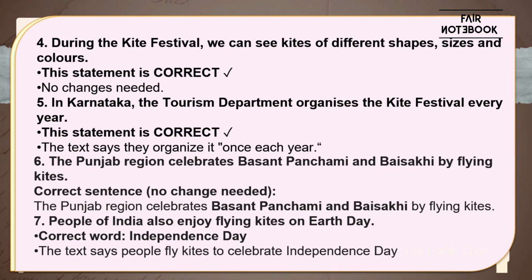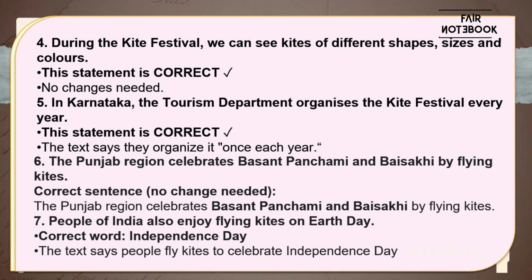4. During the kite festival, we can see kites of different shapes, sizes and colors. This statement is correct. No changes needed. 5. In Karnataka, the tourism department organizes the kite festival every year. This statement is correct. The text says they organize it once each year. 6.